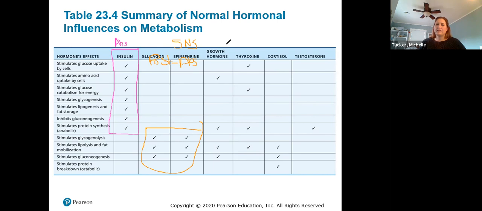We also end up with other hormones: growth hormone, thyroxine, which is thyroid hormone, cortisol, which is a glucocorticoid, and then testosterone. These have some varying effects. These are just known as other right now. We're just saying that these aren't it. It's not just insulin, glucagon, epinephrine. There are some other controls as well.